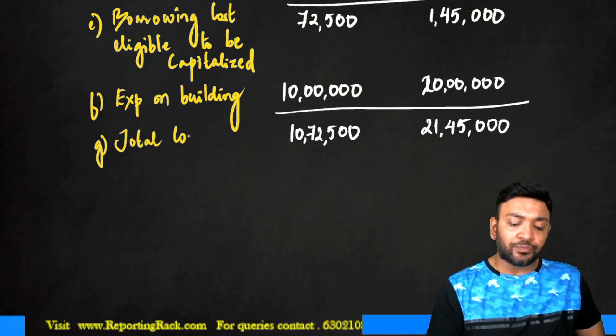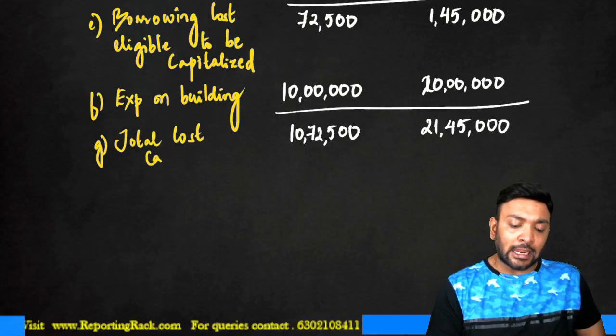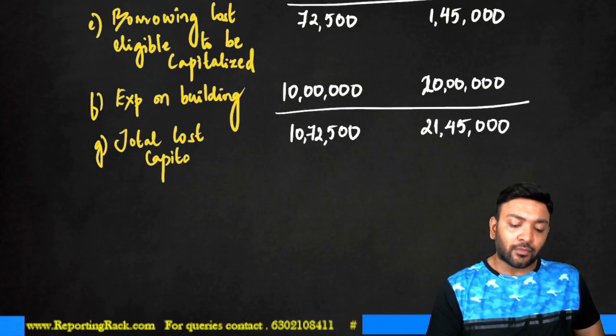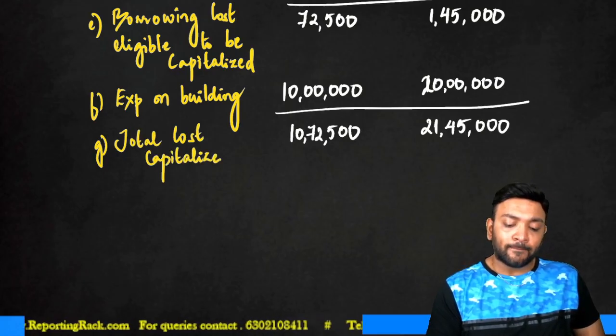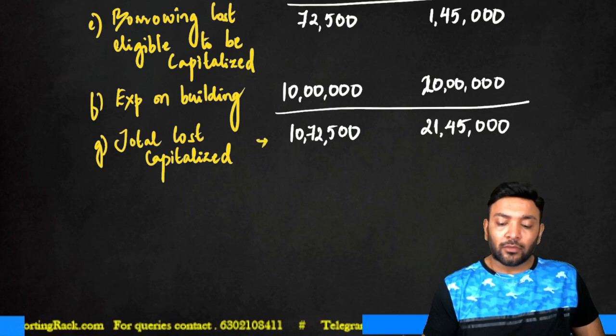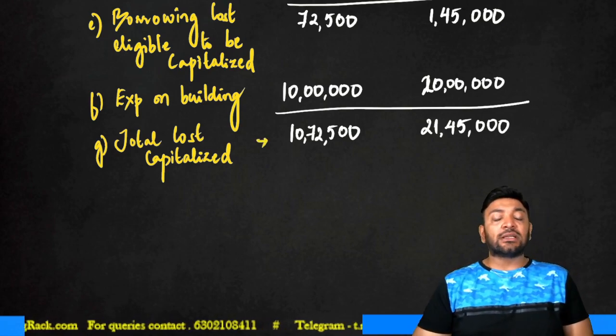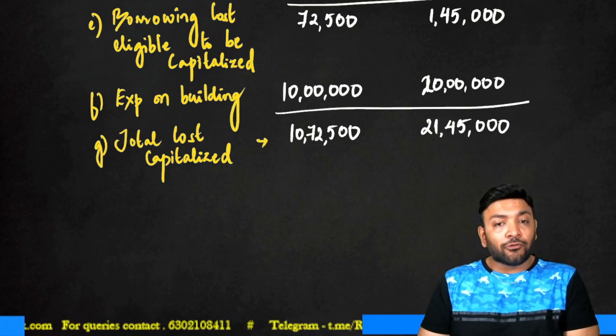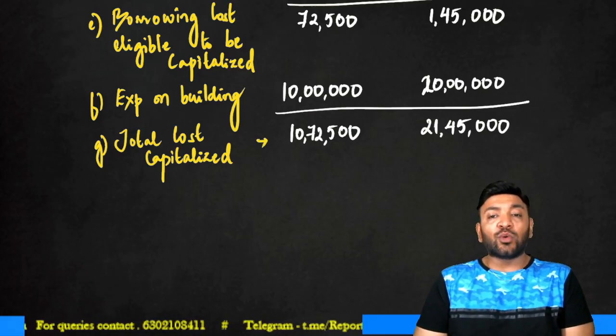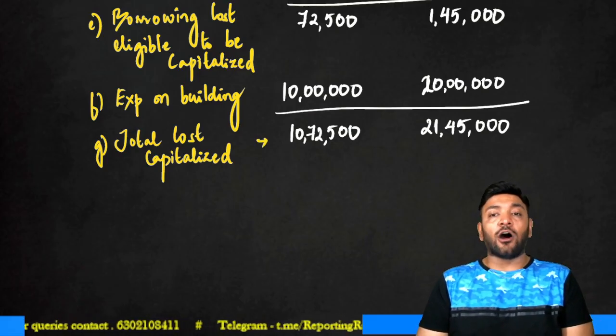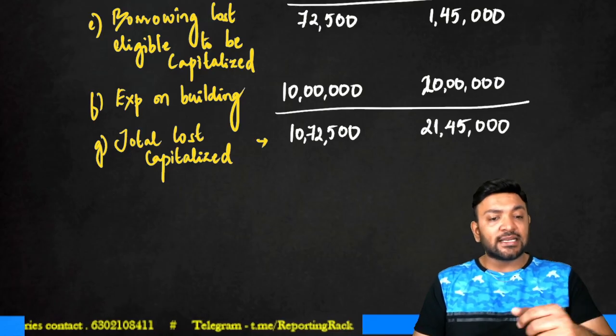Total cost capitalized: 10,72,500 for factory premises and 21,45,000 for office premises. That's it.